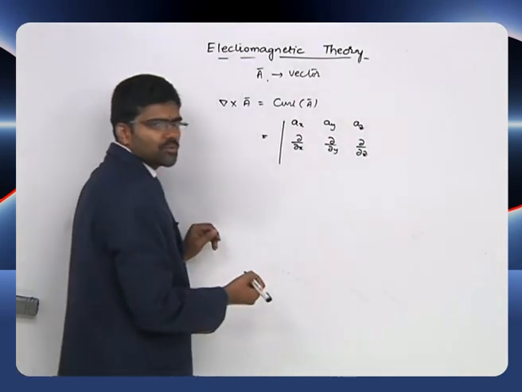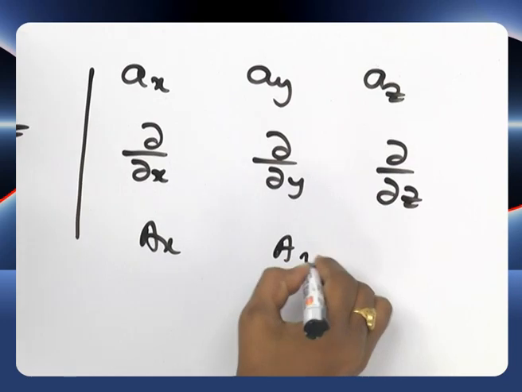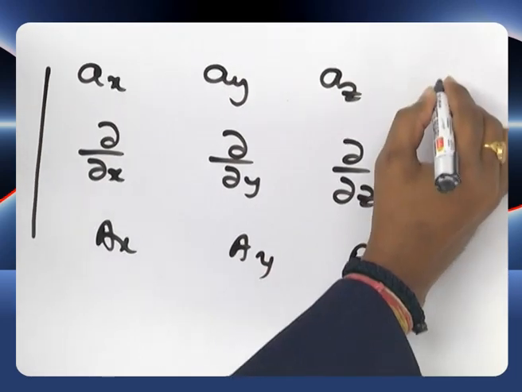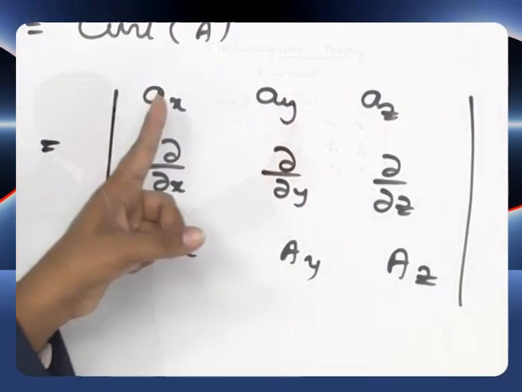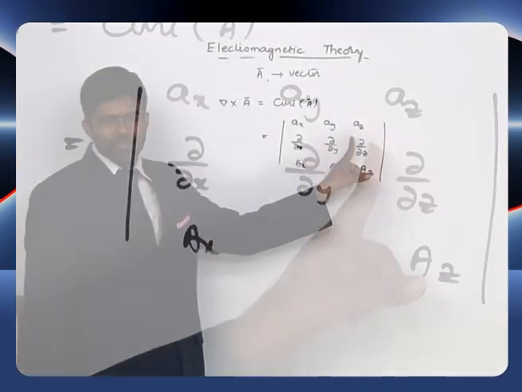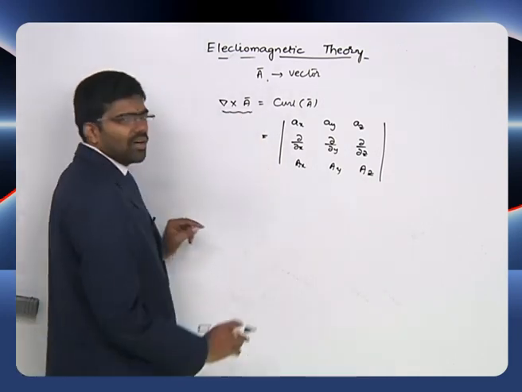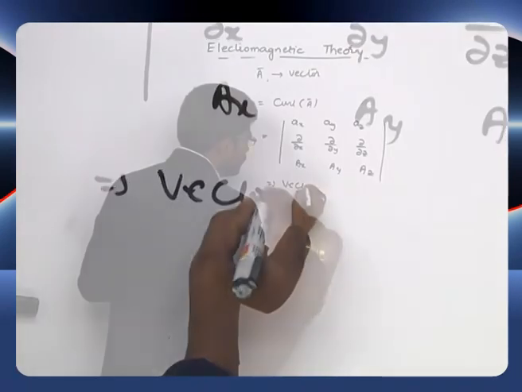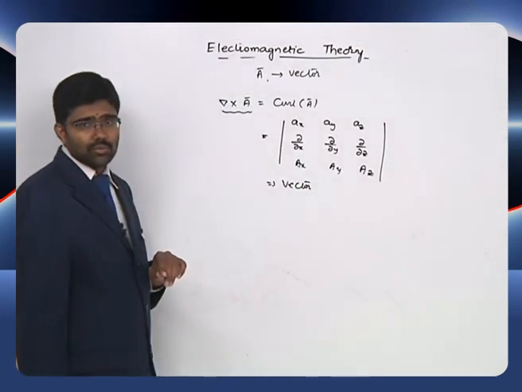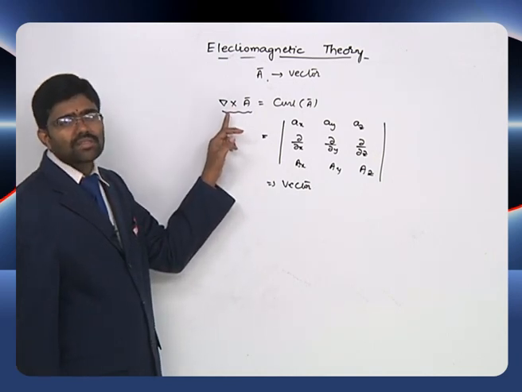The components of the second vector are the components of A along ax, ay, az. This determinant gives an answer in terms of ax, ay, az. So whenever we calculate the curl of any vector, we get a vector as the answer. Now what does that vector give, and what is the interpretation of this curl?